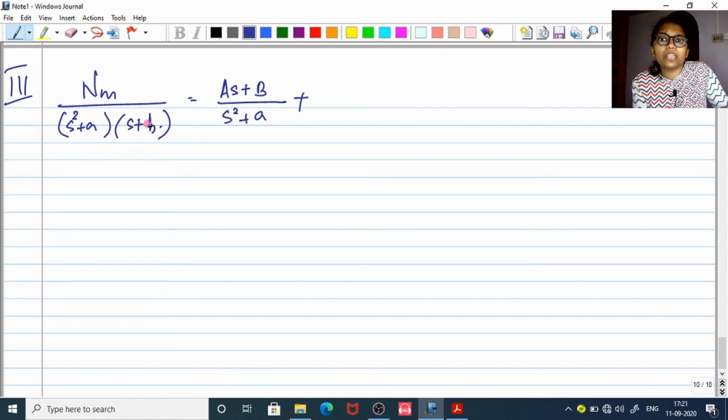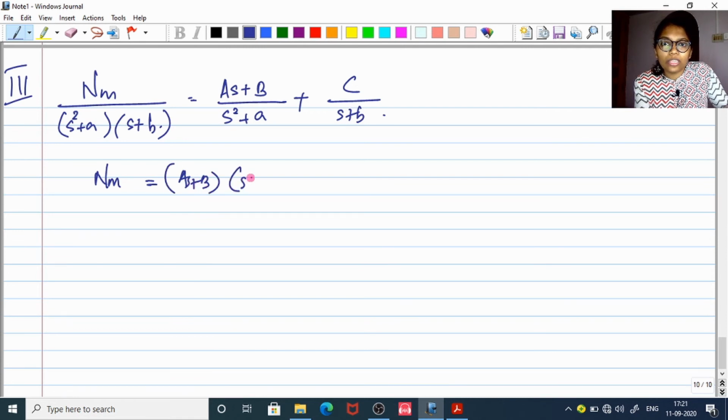Plus for the other factor, you can have c by s plus b itself as in the previous sections. Now again multiply the denominator of LHS to both sides. Then you will have numerator equal to as plus b into s plus b plus c into s square plus a, similar to the previous steps.